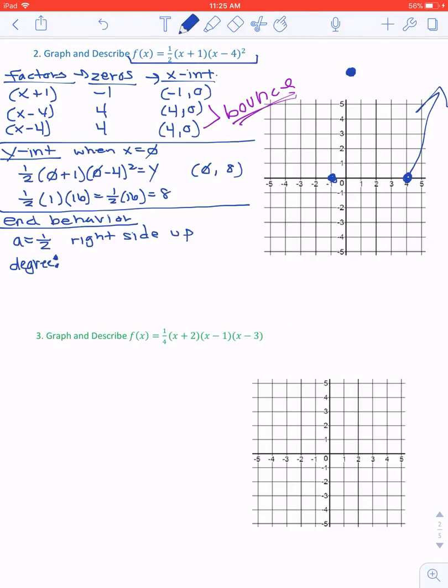If there are 3 zeros, what degree is it? It's a degree of 3, which is odd, which makes the ends opposite. So it is left side down. Go to your left side, point down. What do we know about that point right here at 4, 0? It bounces. So you come down, bounce off of it, go up and back through.